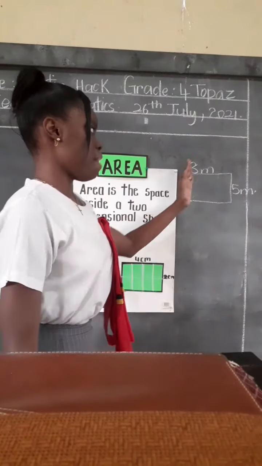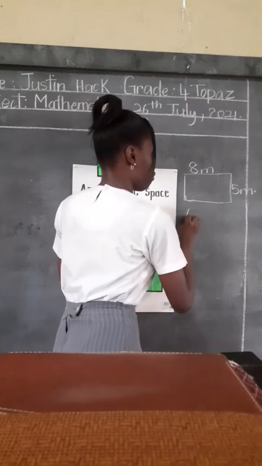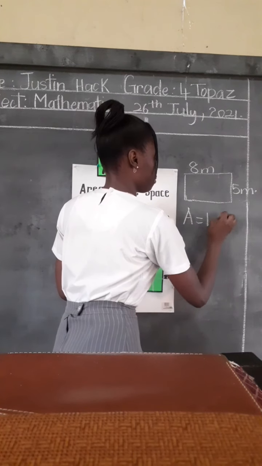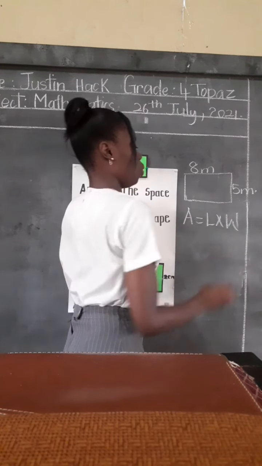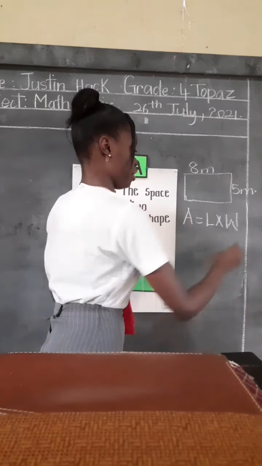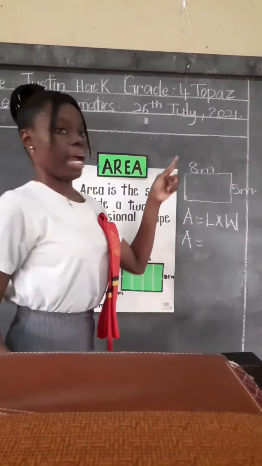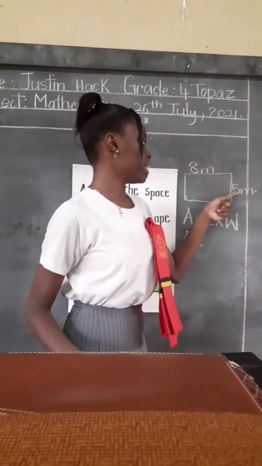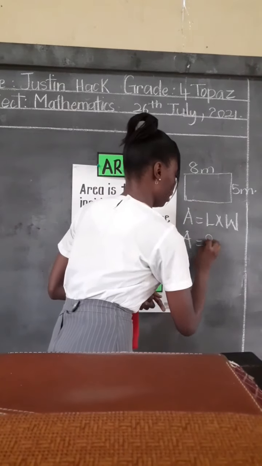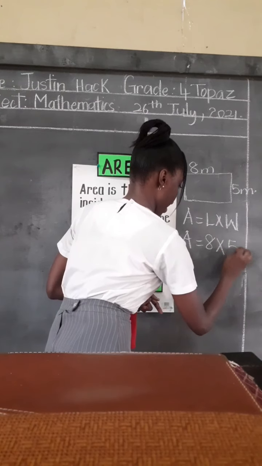What we have to do first is write down our formula. Area is equal to length times width. Good. And we write area is equal to, and then we put in our values. Very good. 8 times 5.